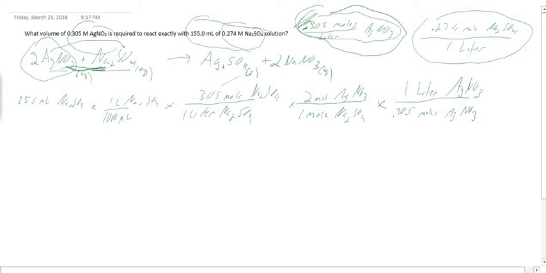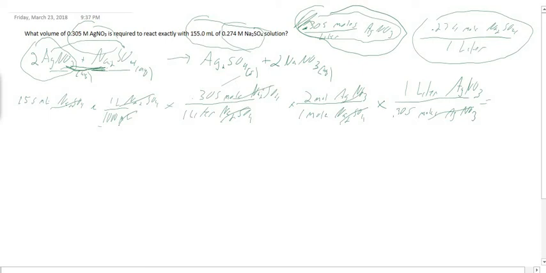Okay, I'm going to just go back and check that all of my units cancel. So milliliters are going to cancel, liters of sodium sulfate are going to cancel, moles of sodium sulfate are going to cancel, moles of silver nitrate are going to cancel, and I'm left then with liters of silver nitrate. Okay, and I'm going to just go ahead and put that into my calculator.